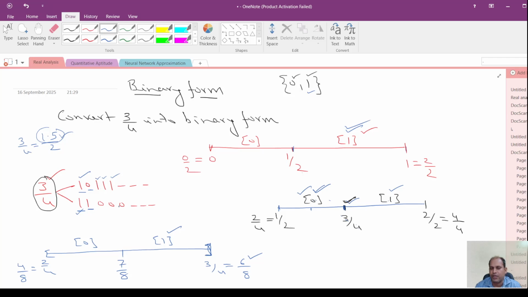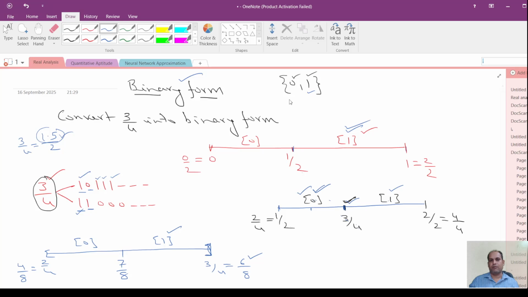And if it is not sharing the common boundary, then the representation will be unique. So this is the representation of 3 by 4 in binary form.